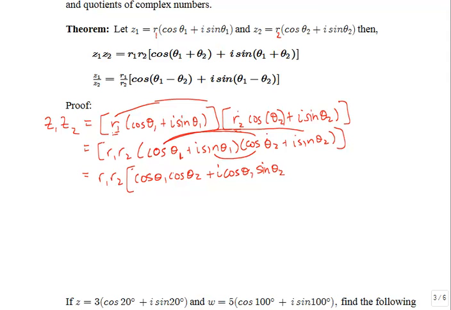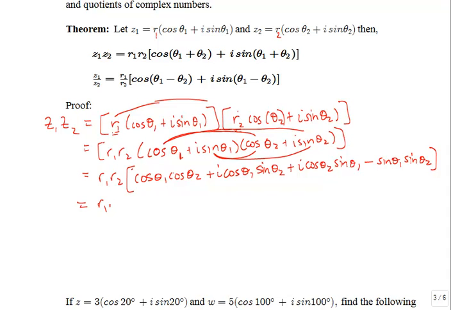Then I'm going to do these inners, so that's another I, and it has a cosine theta 2 sine theta 1. And then the I times the I, I squared becomes a minus 1, so I'm going to change that I squared to a minus out front, and it's sine theta 1 sine theta 2.